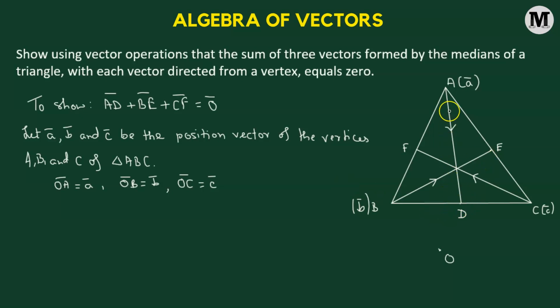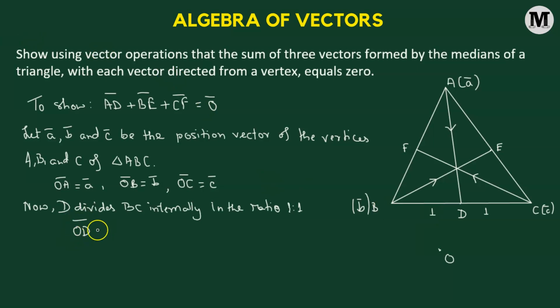Now we will find the position vectors of D, E, F. Since AD is the median on BC, D divides BC in the ratio 1:1 internally, which means OD vector will be equal to B vector plus C vector whole divided by 2. Similarly, BE being the median on AC, E divides AC in the ratio 1:1.